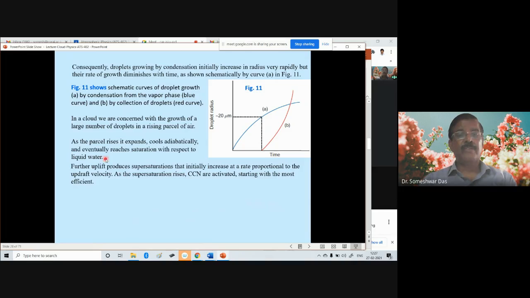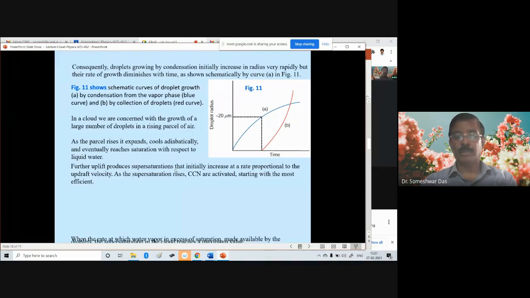So further uplift produces supersaturation that initially increases at a rate proportional to the draft velocity. As the supersaturation rises, the cloud condensation nuclei are activated, starting with the most efficient one. Okay, activated. We had discussed what is meant by activated, what is active growth and what is inactive.